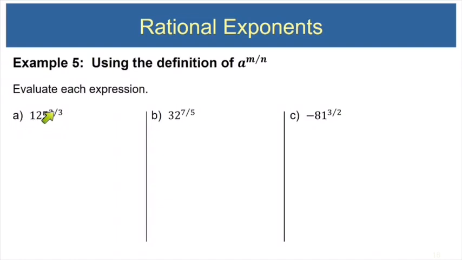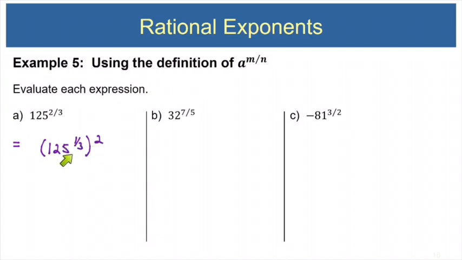So 125 to the 2/3 power can be written as 125 to the 1/3 power, all raised to the 2nd power. So you see how 1/3 times 2 would be 2/3. So we've separated the exponent into two pieces because we're able to do the inside piece, and then we can apply the 2 later.